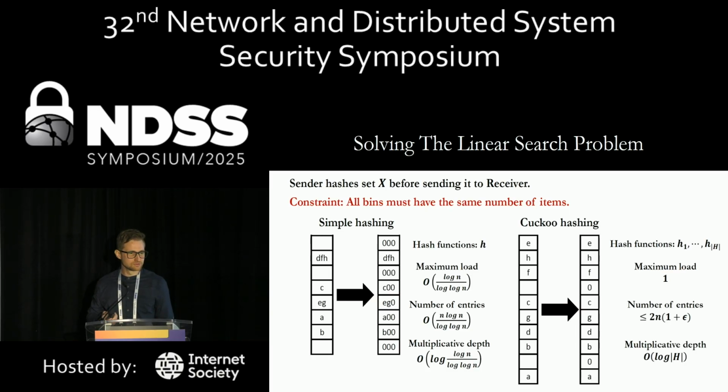Instead, we use Cuckoo hashing, which lets us create a much more compact data structure because we use more hash functions to place these items in this structure. Besides this, we can also do other trickery with Cuckoo hashing that lets us reduce the communication cost, but I'm not covering that here.